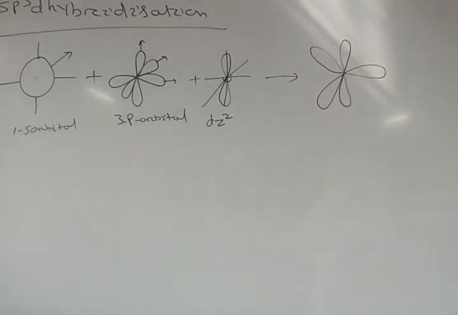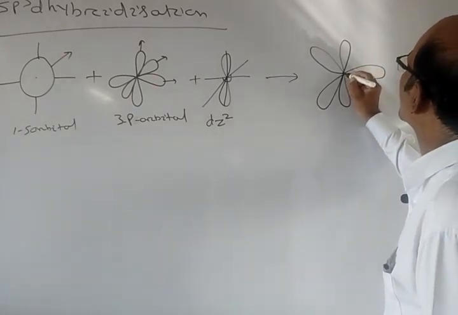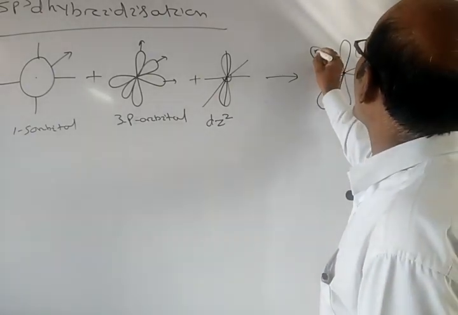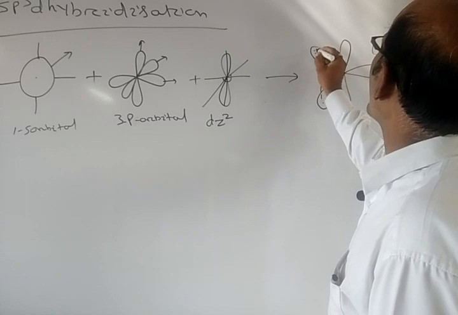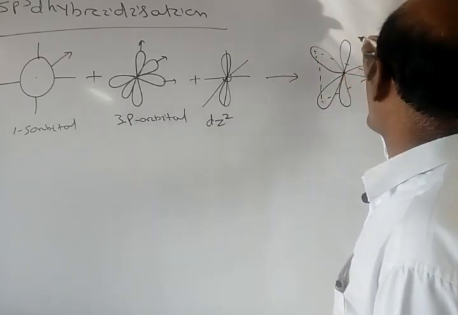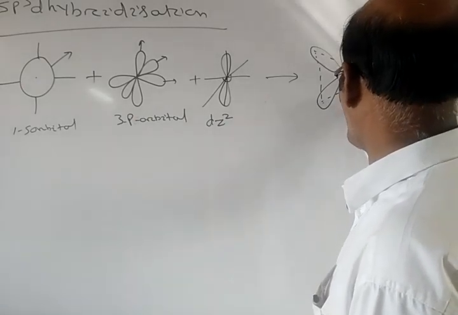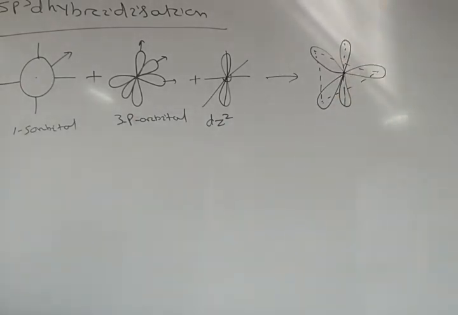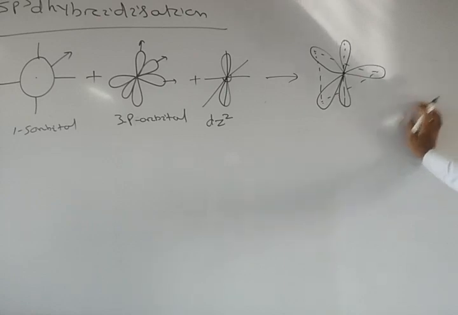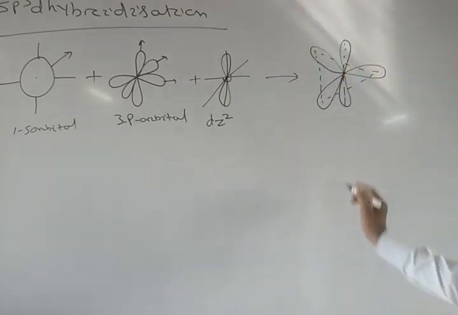So we have here the five sp3d hybrid orbitals. One s, three p and one d orbital combine to give five sp3d hybrid orbitals.